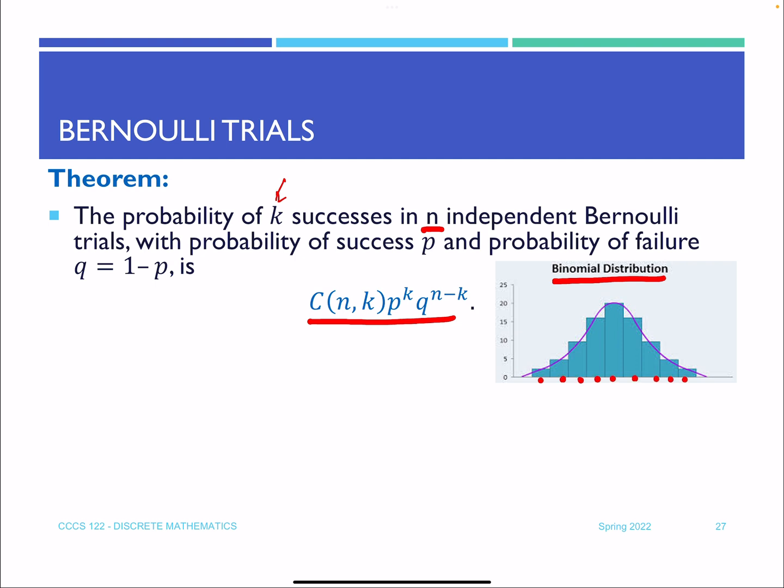So there are 9. It seems like there are 9 trials being conducted, and the number of successes can be anything between, actually, maybe it's 10, might even be that you have 0 successes.